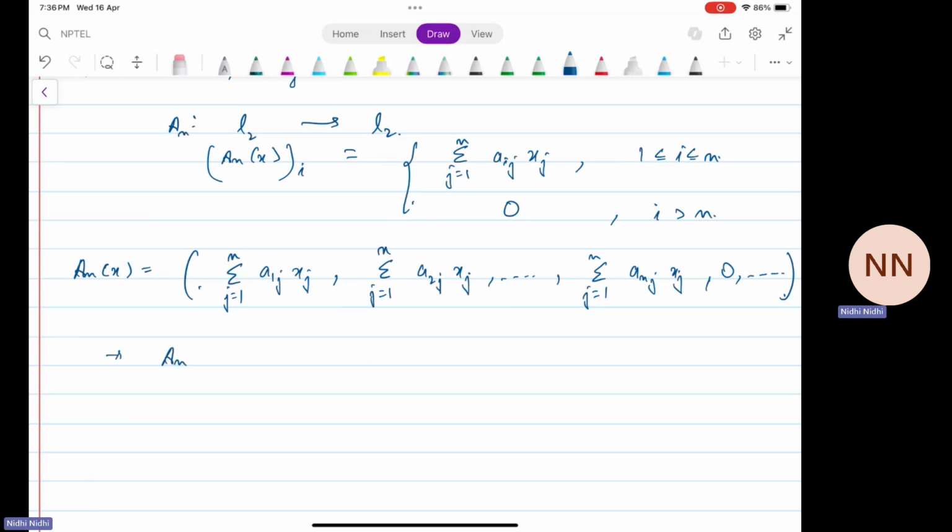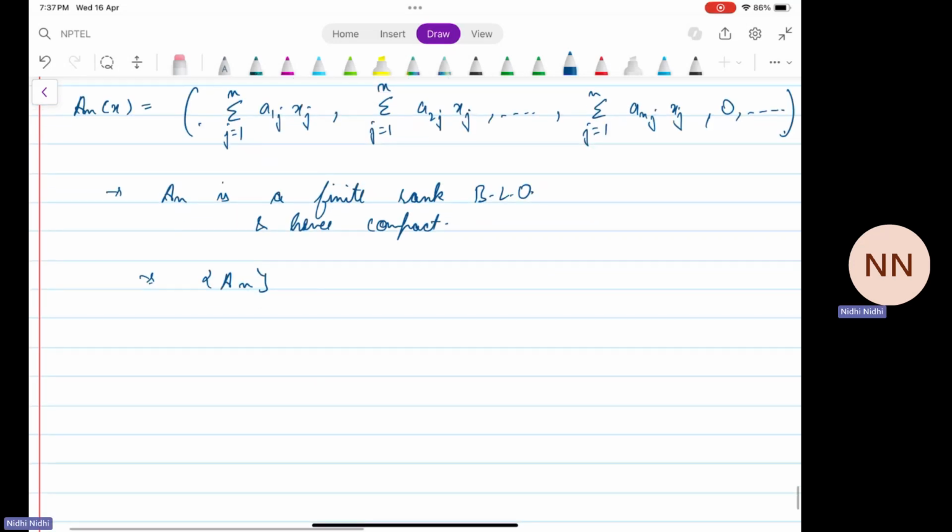This implies An is a finite rank bounded linear operator and hence compact. This implies An is a sequence of compact operators.